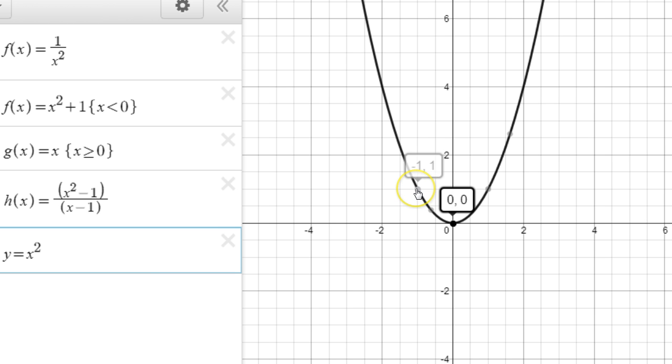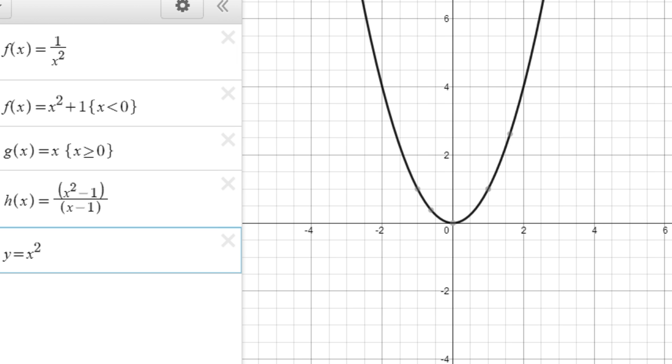But if you were to say, I want to approach -1 on my graph, as you approach -1, you're going to find that it is nice, smooth, and continuous. You also have to check from the left side as well. Is it nice, smooth, and continuous? Yes. And is it continuous at that point? Yes, it is, because there is no point discontinuity. So you can check by looking at the graph.